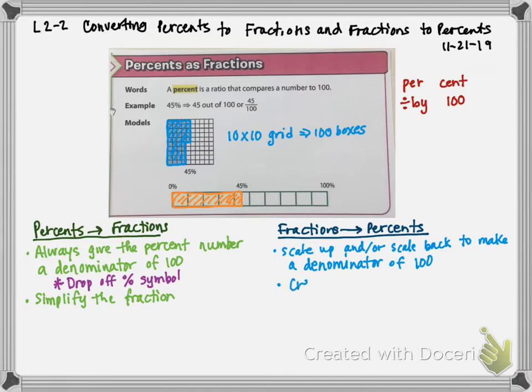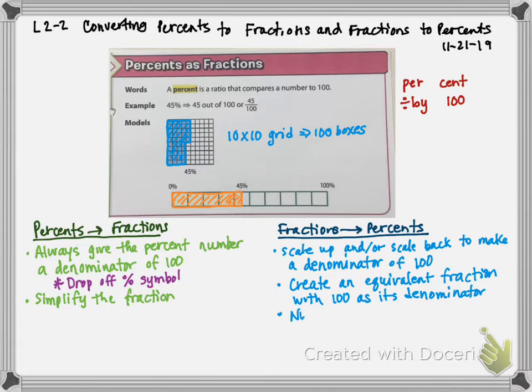So create an equivalent fraction with 100 as its denominator, and then the numerator will be the percent number.